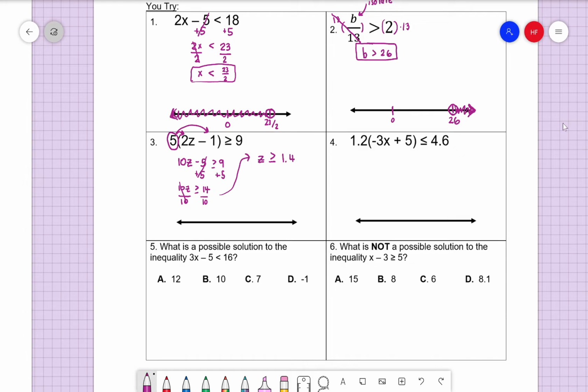So on my number line, I have 0, 1, say 2 is over here, that's not equally spaced. This is 1, 2, 3, there we go. So 1.4 would be here.